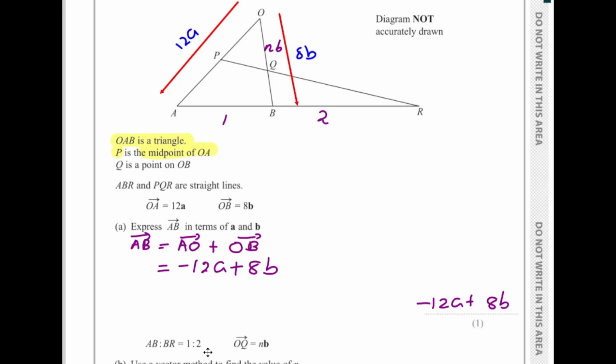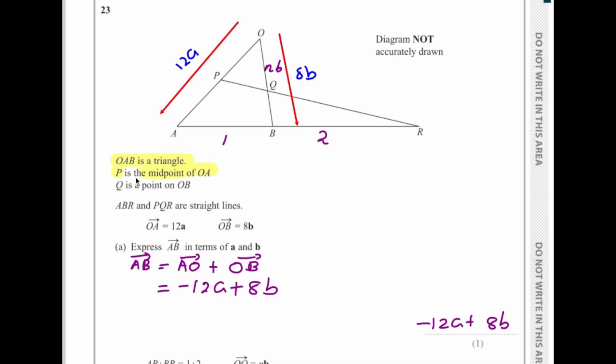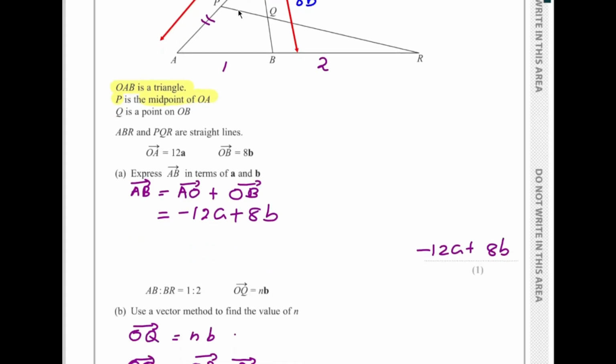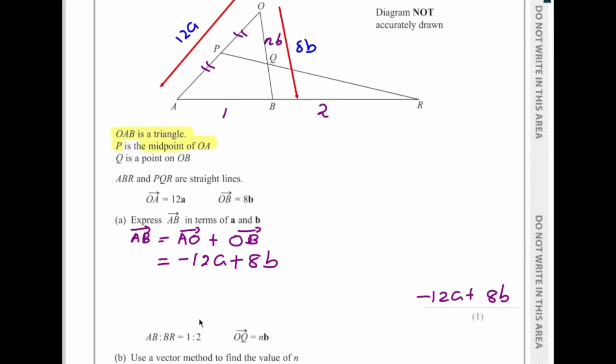No. But we've been given that P is the midpoint of OA, so we know this is half. Then OP becomes 12a divided by 2, which is 6a, plus PQ.